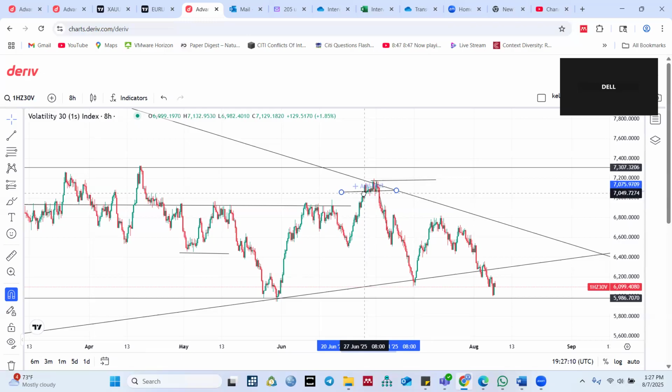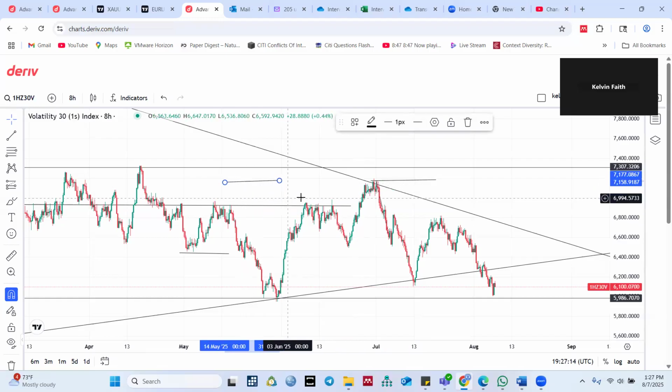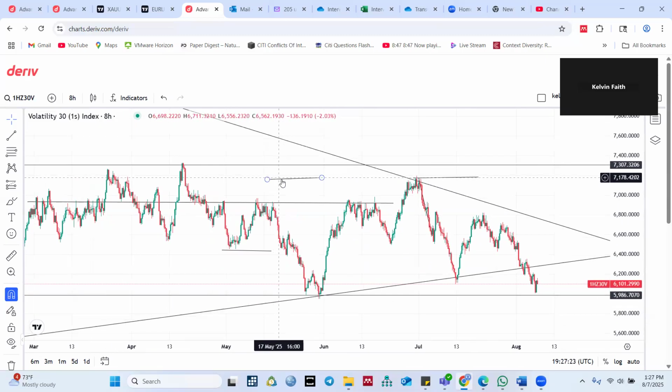Yes. So what I'm saying is that the original context for this setup started from here. That is why we are learning the context.